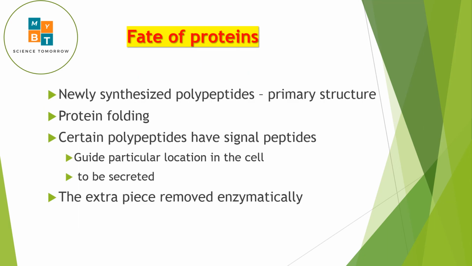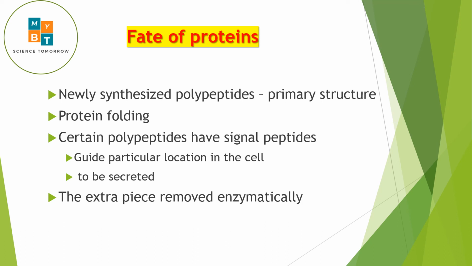So then what happens to this protein? We say this is protein synthesis using amino acids, so you make the protein. What happens to this protein is called the fate of the protein. The newly synthesized peptide is the primary structure.